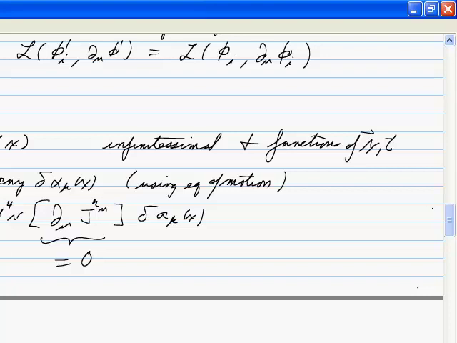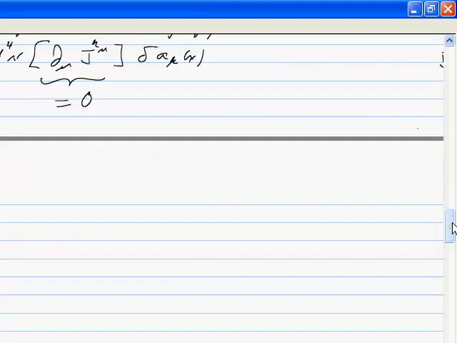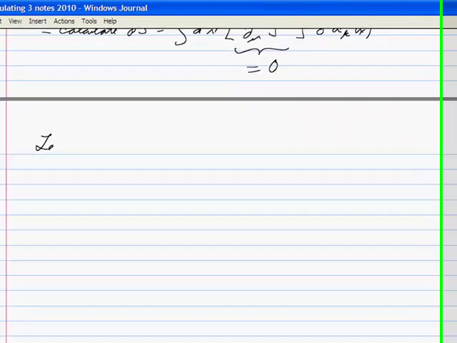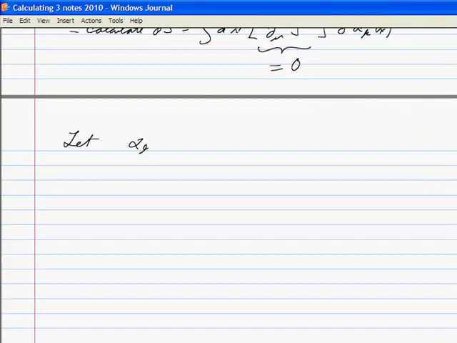Okay, so let's do it. We're going to let alpha k, these parameters, turn into delta alpha k of x. Then the transform phi prime is going to be just the same transform with delta alpha sitting in there.